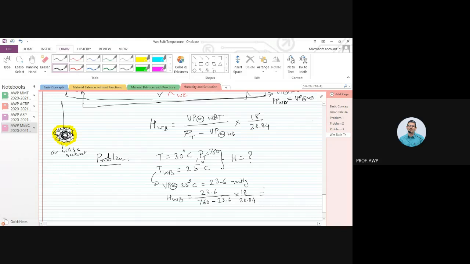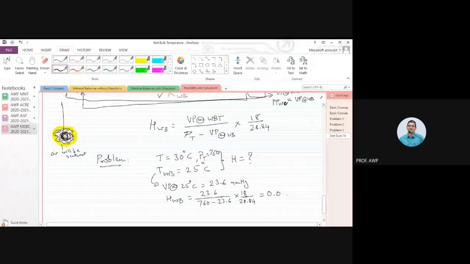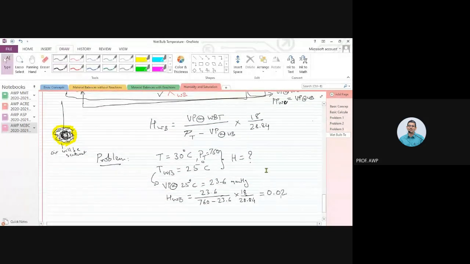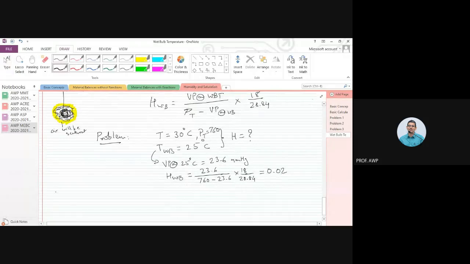So 0.02. Correct. Now let's put it in the formula.